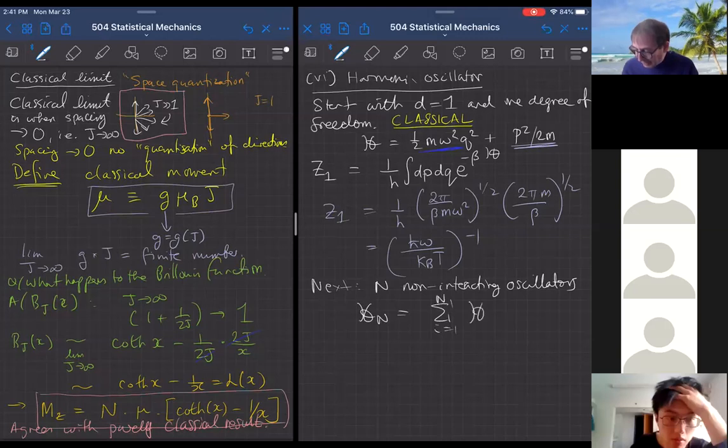I have the same functional form for the Hamiltonian for one oscillator, but now it depends on its momentum and its coordinate. It depends on the qi and the pi for that particular oscillator. So this i here is the oscillator number.